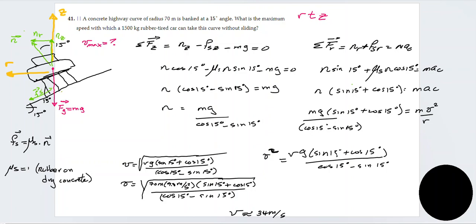Exactly as with the normal force, the force of static friction also has components on the r-axis and on the z-axis. So we're going to have here a radial component of the force of static friction, which is pointing to the left, and then a z component of the force of friction, which is F_s,z here.